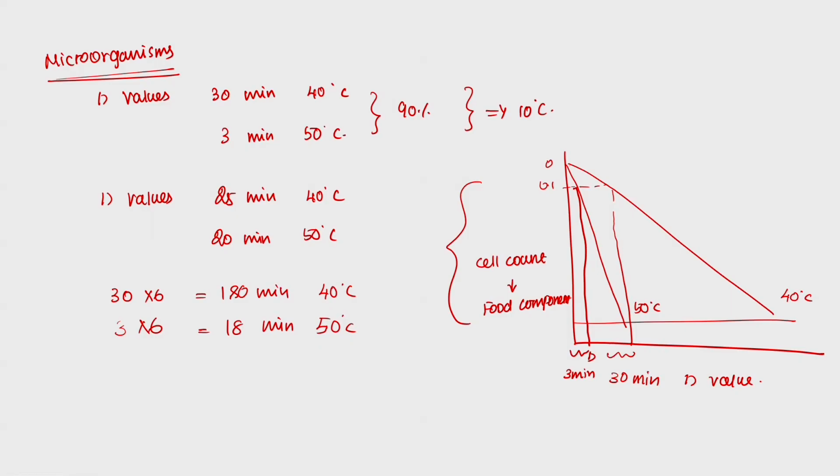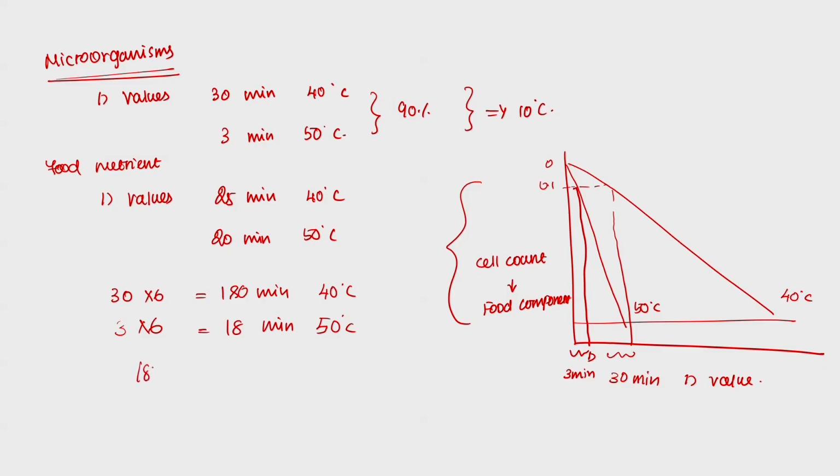So similarly, this is nothing but for any food components, or maybe you can put it as food nutrient instead of saying component. So this is food nutrient. So this D value is 25 minutes.